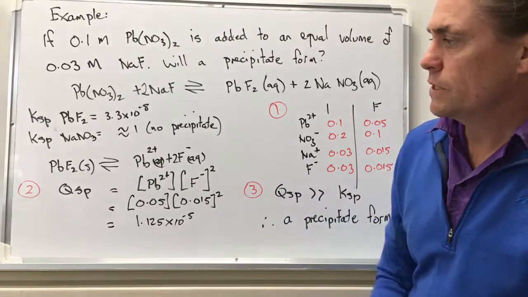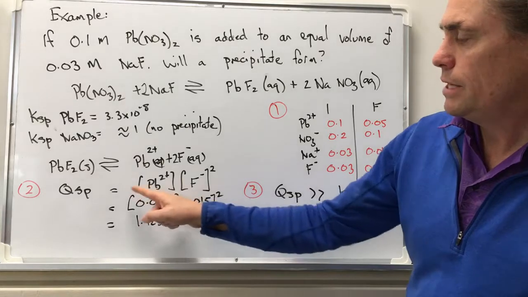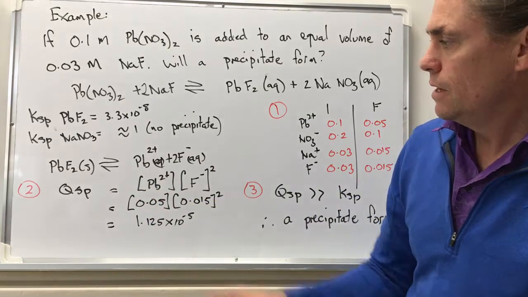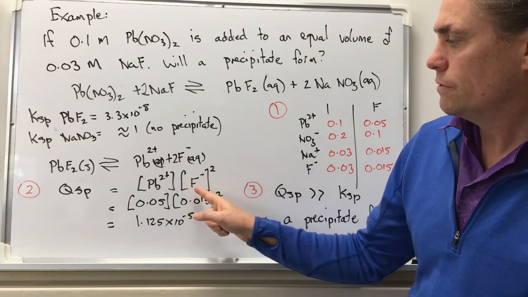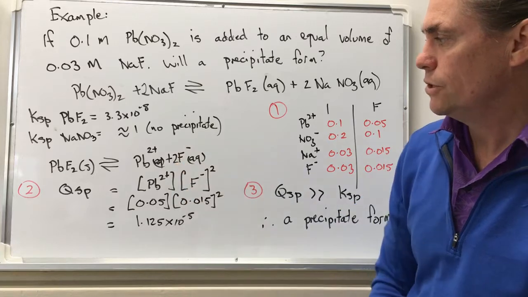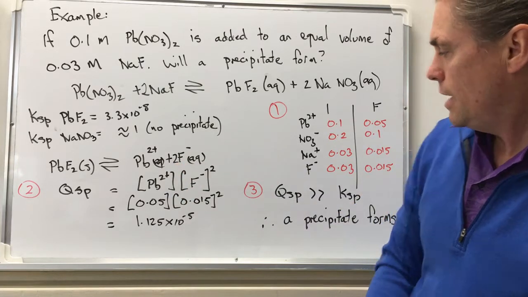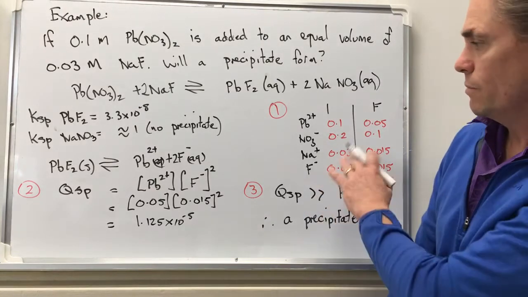Second step from our previous board says that we need to calculate our Qsp. So we set up our equilibrium expression, 1 lot of lead ions times our concentration for fluoride ions to the power of 2, because we have a molar ratio of 2 here for the fluoride ions. And then we substitute our final concentrations that we determined from our step 1.